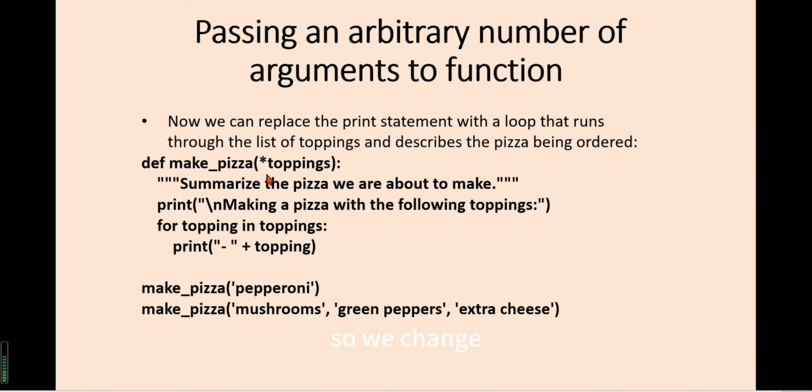So we change the make_pizza function with a for loop to print each item of the tuple. So for topping in toppings, print topping. Here we call the function the same way, but the result is each item in the toppings is printed out, and not a tuple printed out.